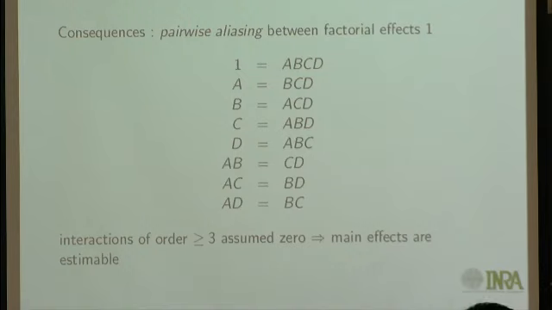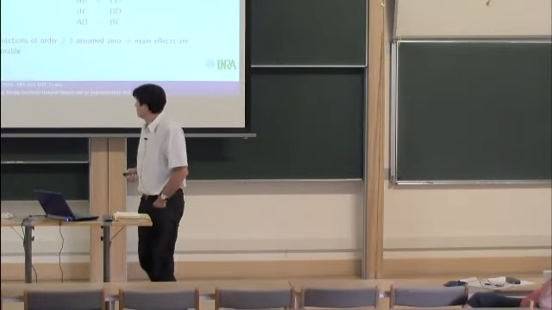From a practical point of view, if we assume that the interactions of order 3 or 4 are 0, then the main effects are confounded with no other effect, and they are estimable. The 2-factor interactions are confounded mutually, so they are not estimable separately. Only their sum can be estimated by this fraction.